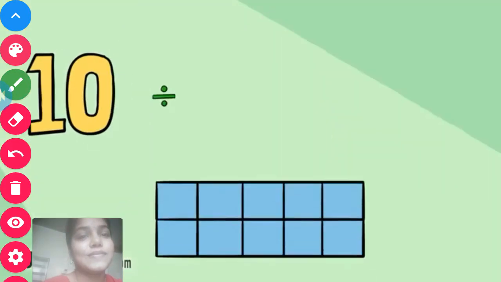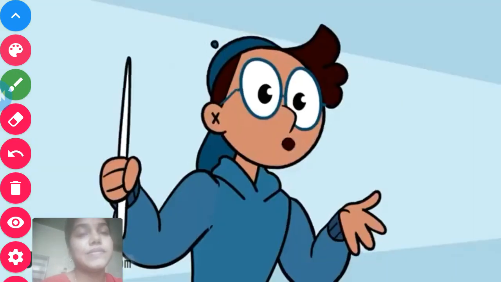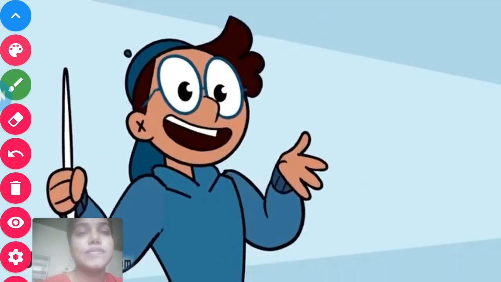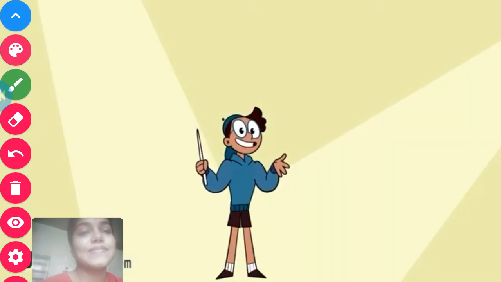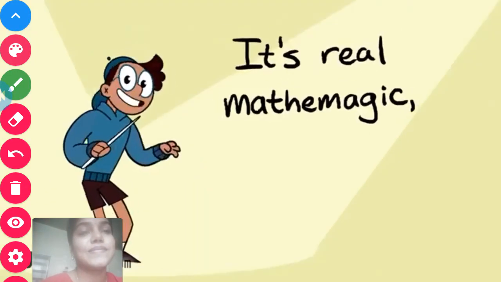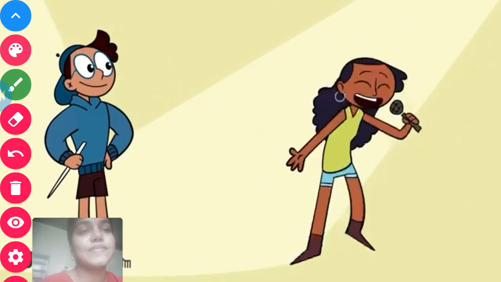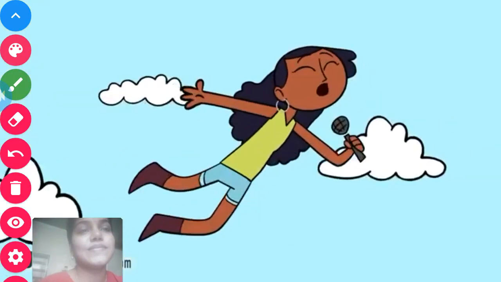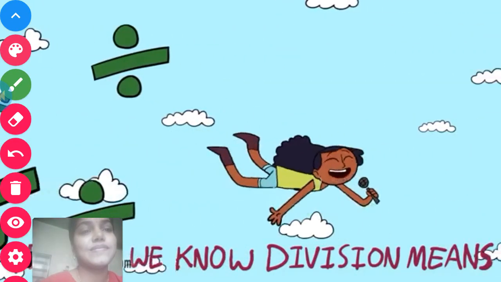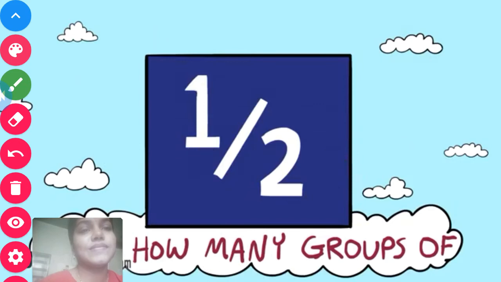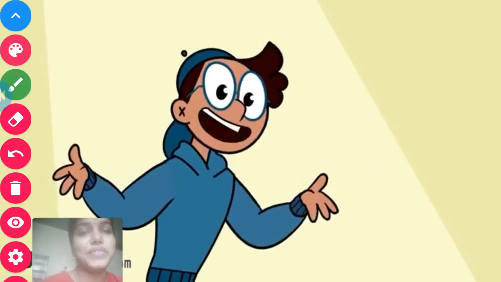With the number 10, we can divide by 2, and that will leave 5 in each group. Or we can find that 5 through a different path by multiplying 10 by 2 flipped to 1/2. It's the trick that never fails, called keep, change, flip. We understand with these problems we love, because we know division means how many groups of. Let's explore that thought.